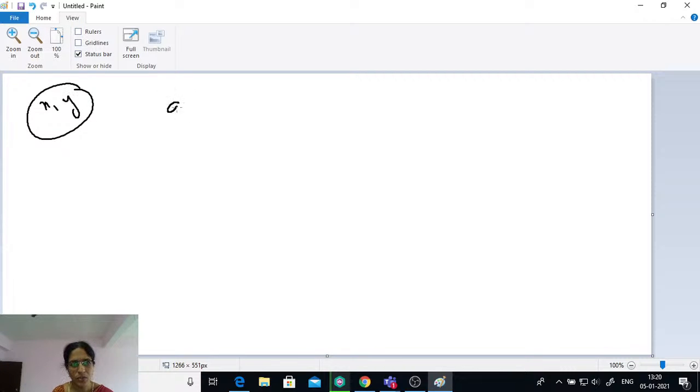There is a path. Suppose here A, B, C, D, E. Suppose this is not a connected graph.